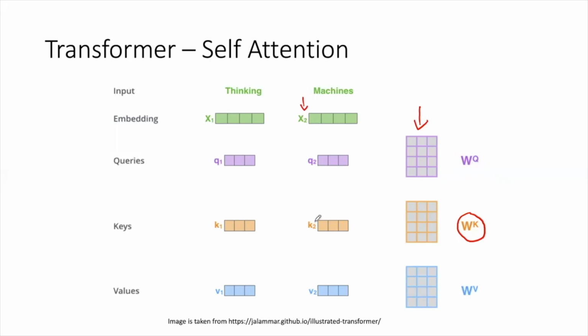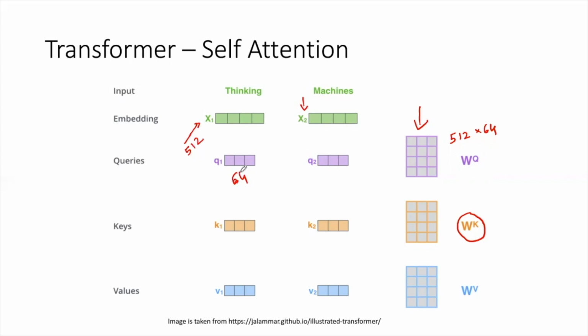Apart from acting as a mechanism through which a linear transformation can be carried out, we can also reduce the dimension. Let's say x1 is of dimension 512. Now, if our WQ is a matrix of dimensions 512 by 64, then when we multiply x1 with WQ, the dimension of this Q1 vector is 64.